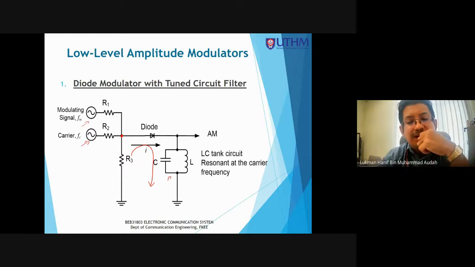Okay, so what happened is that during the forward bias, at the same time this LC tank circuit will charging. Okay, dia juga akan charging. Dan apabila ketika reverse bias, diode akan switch off, cut off. So this LC tank circuit will discharge. So macam mana keadaannya, kita akan lihat.